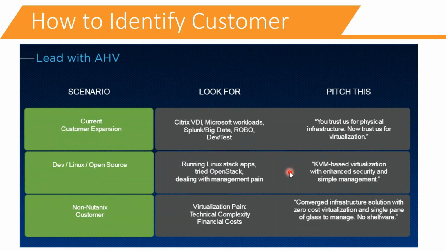Then Citrix VDI, Microsoft workload, Splunk, big data, ROBO. And then OpenShift deployment. Currently Nutanix supports OpenShift being deployed on Nutanix. So these are the opportunities, and then a generic virtualization platform, where the customer is looking for virtualization. Okay, and these are the chances for the pre-sales team to get into the deal.